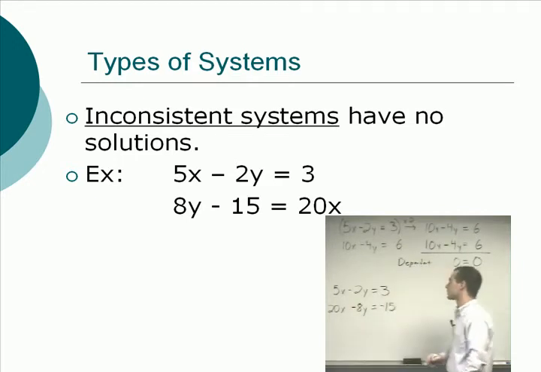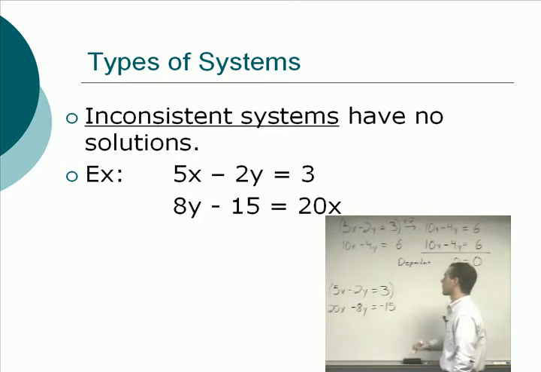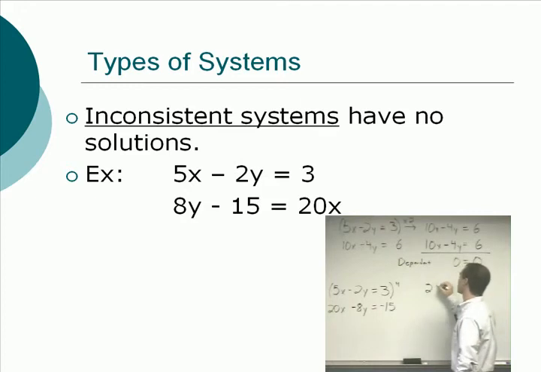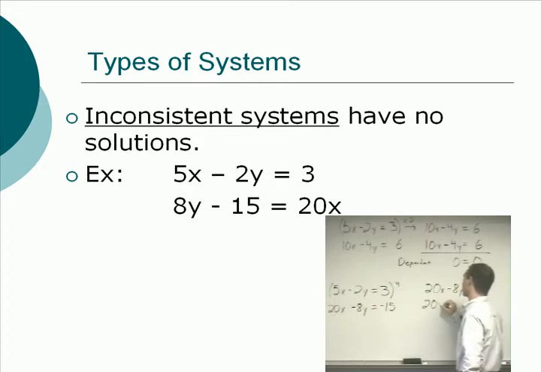Let's eliminate the x's. Let's multiply the top equation by 4. We get 20x minus 8y equals 12. Bottom equation we won't mess with. 20x minus 8y equals negative 15.